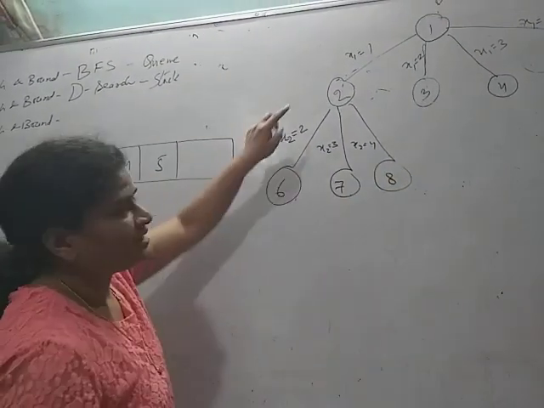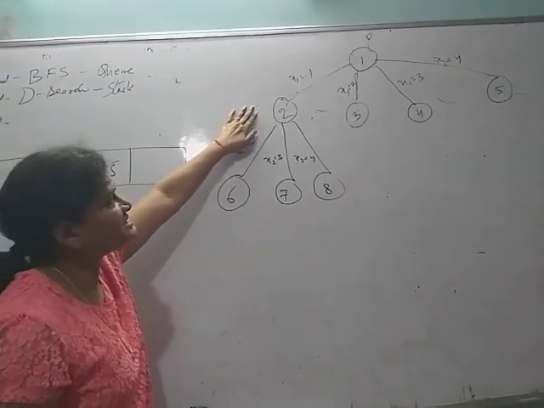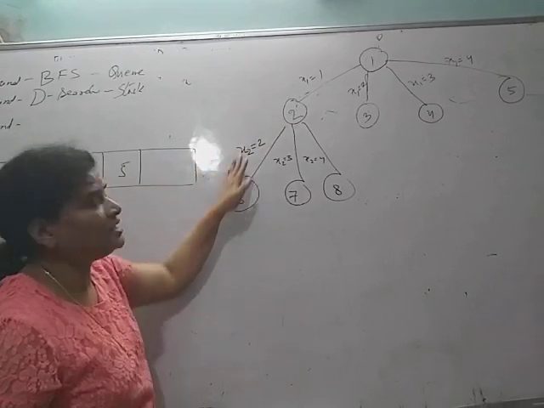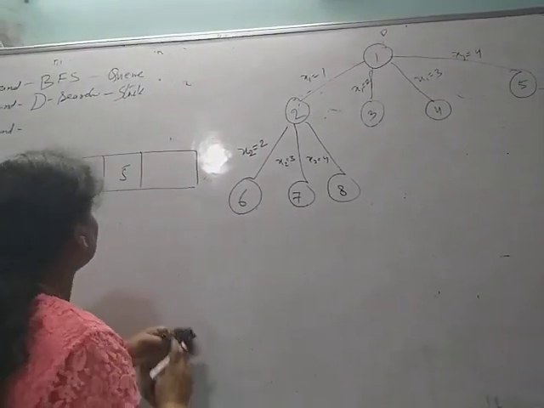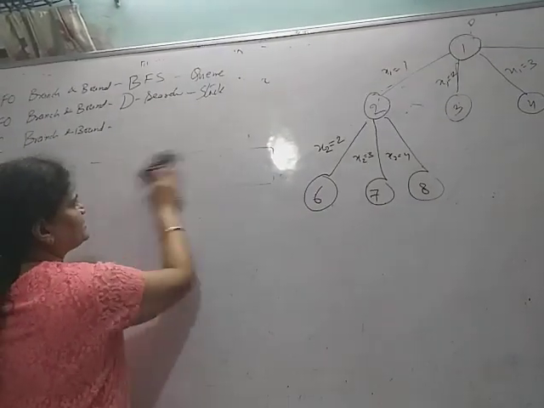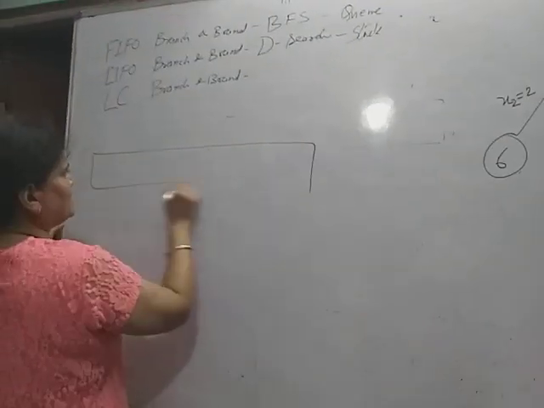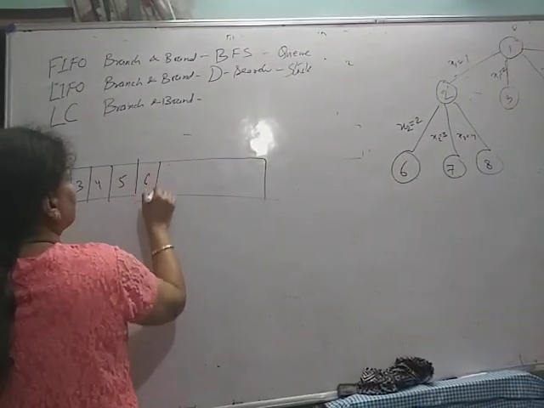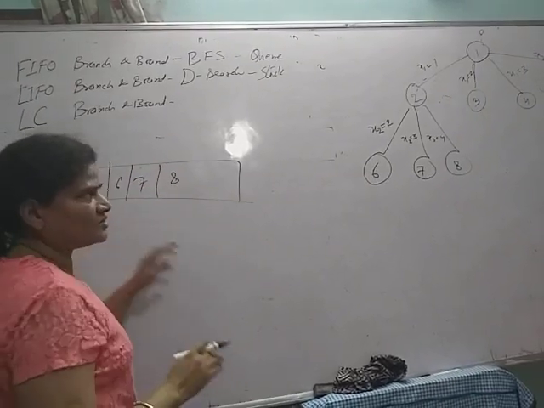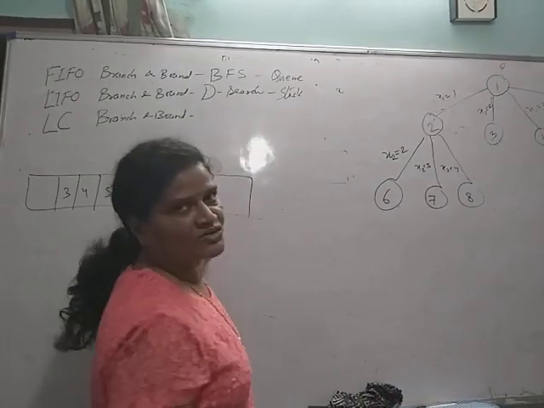Again see, this is the E node and this E node remains E node until it is dead, meaning it will generate all the children. Okay. So the list of live nodes at this time is 3, 4, 5, 6, 7, 8. So at this time these are the live nodes in the queue.